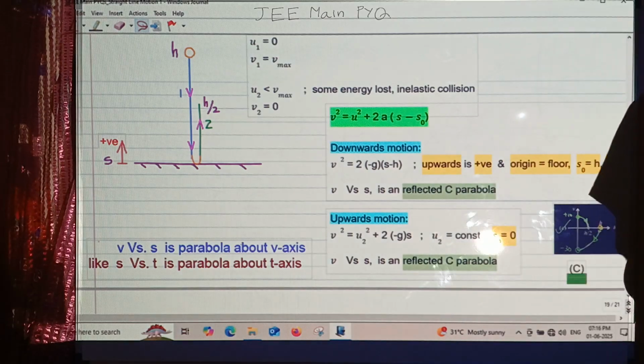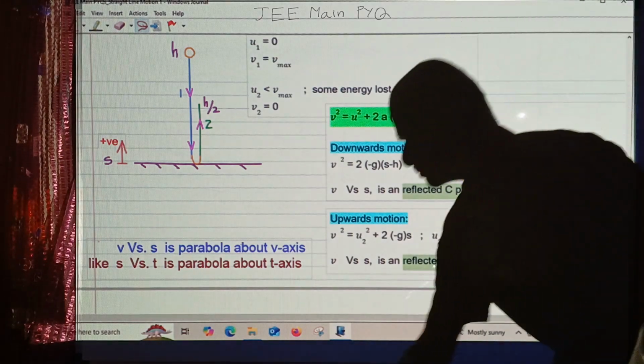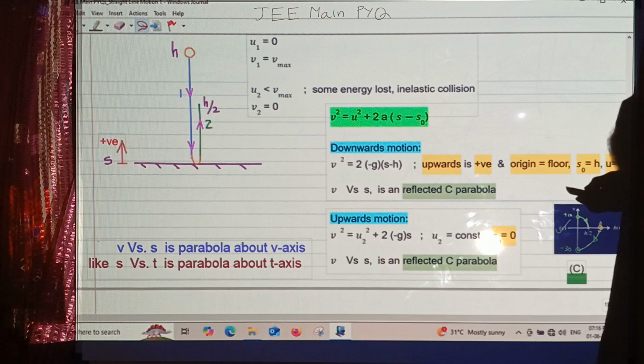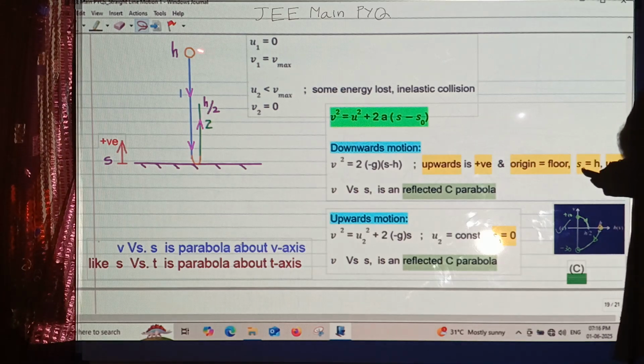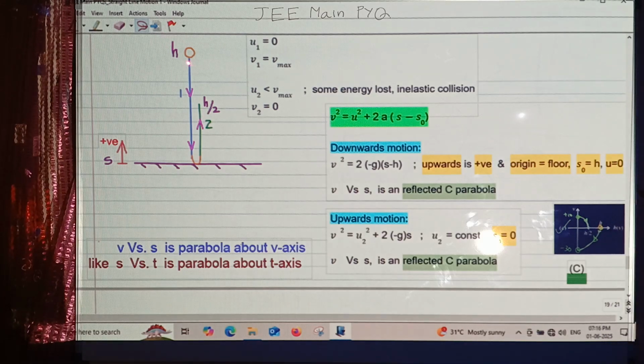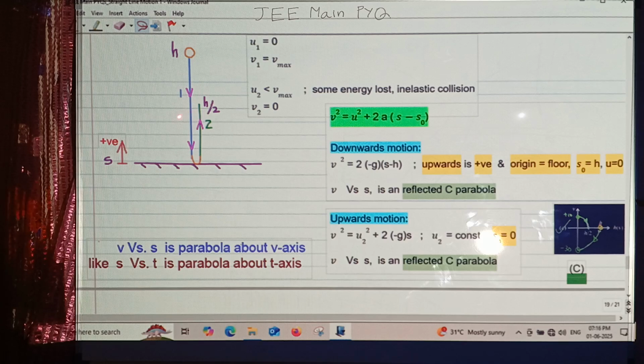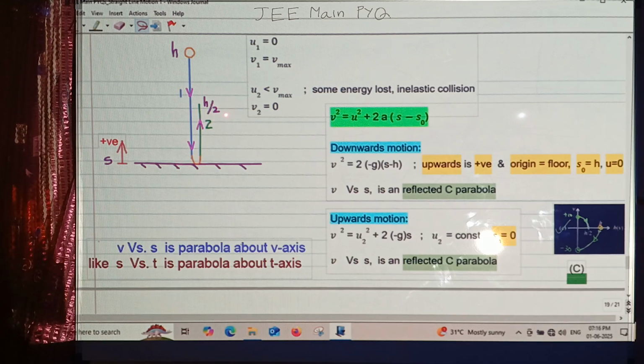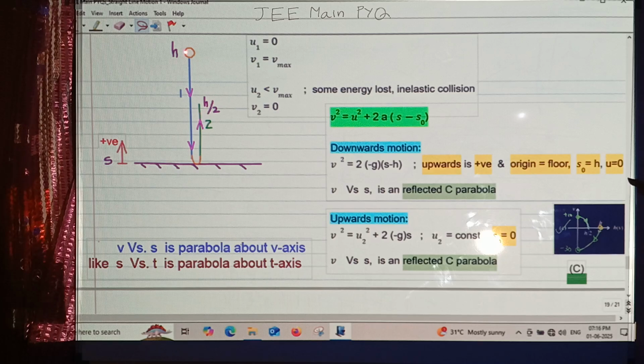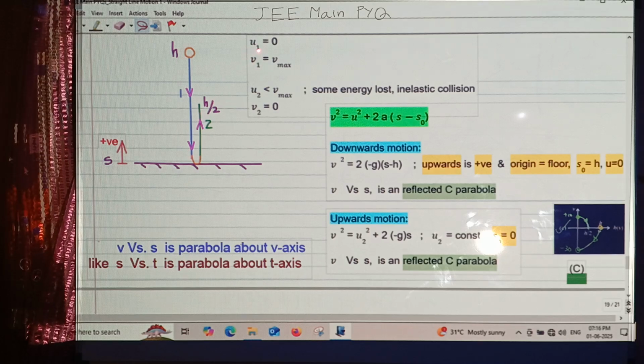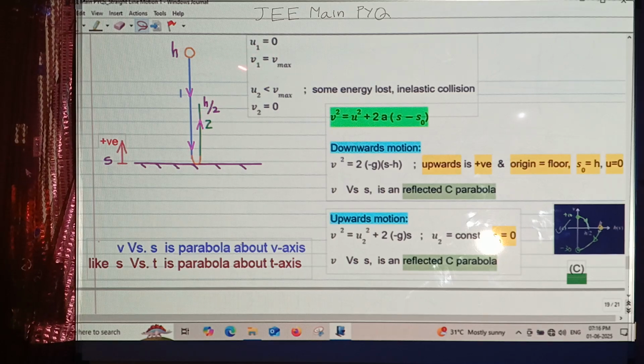So this is what I explained here. The tennis ball is released from a height h with initial velocity 0, so it keeps falling down. It hits the wooden floor and rebounds back to height h by 2. The first part of the motion is the downward motion. The initial velocity u1 is 0, and v1, the velocity at this point, is the maximum velocity, because it keeps on accelerating and reaches the maximum velocity here.